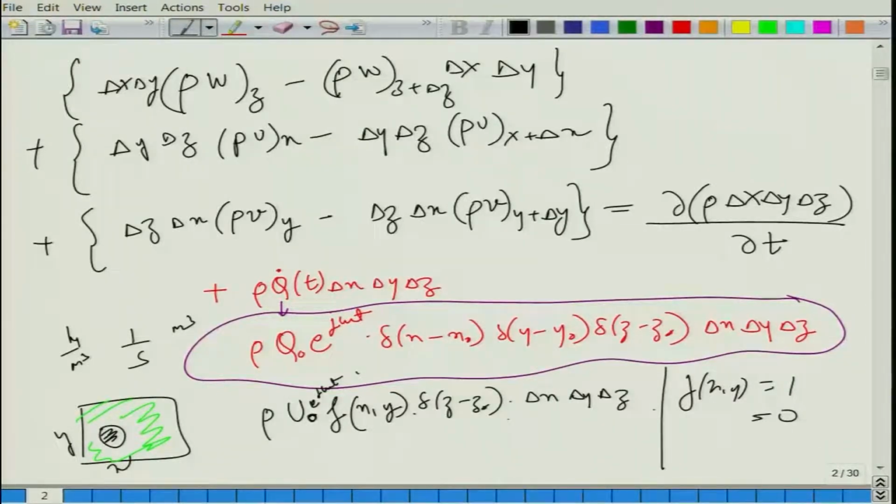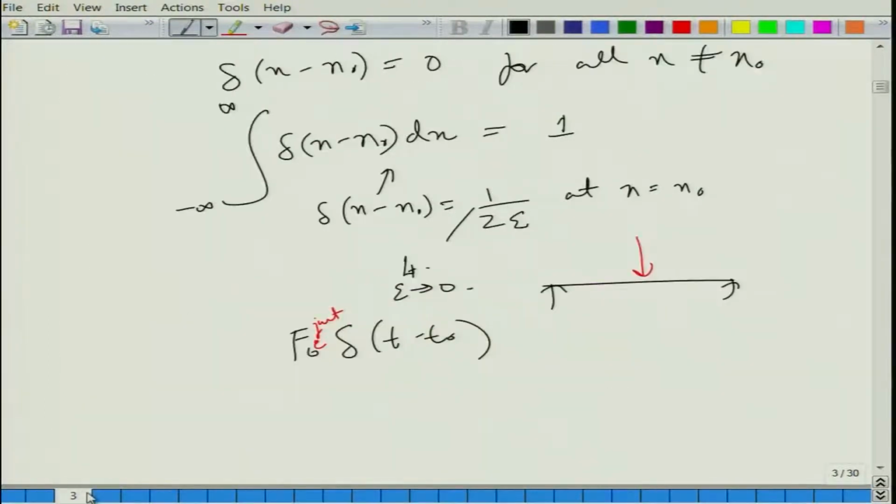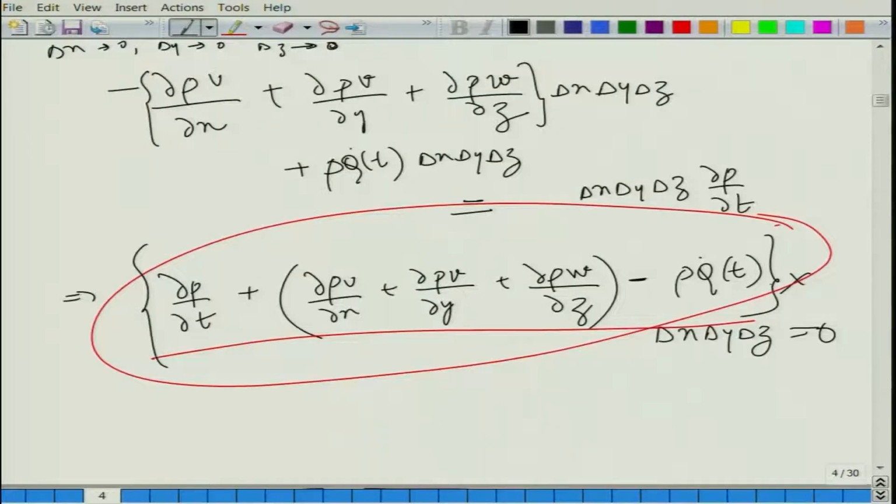When we have such a model, we can work out the algebra instead of having this rho q naught e to the j omega t and all that. So, let us go to this rho q naught. Let me use another color. So, rho u naught e to the j omega t f x y Dirac delta function z minus z naught, and the other term.